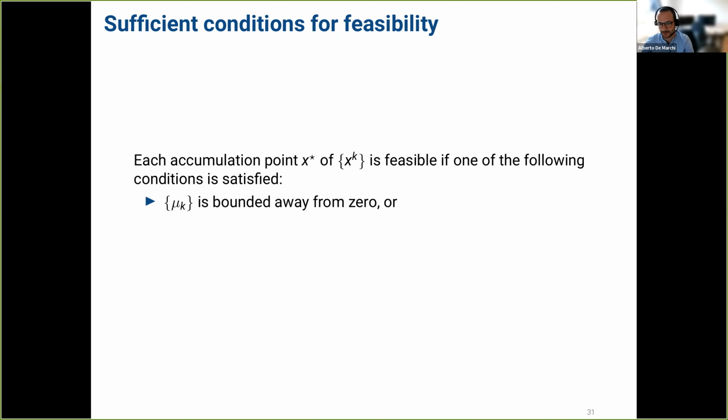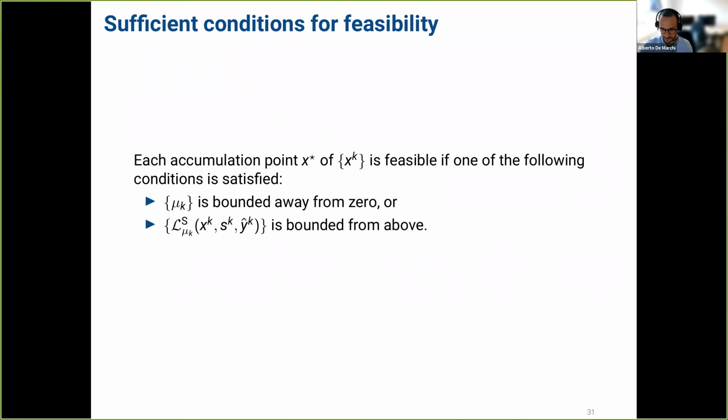Another result is about sufficient conditions to get feasible solutions, which is not always easy to have in the augmented Lagrangian or in the penalty method. If we have a sequence where the penalty parameter is bounded away from 0, then our accumulation point x star will be feasible.